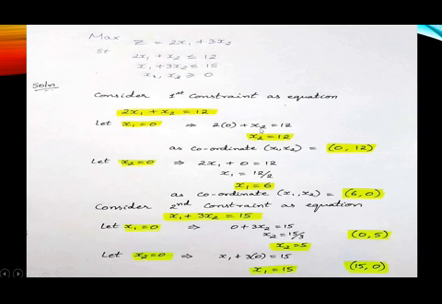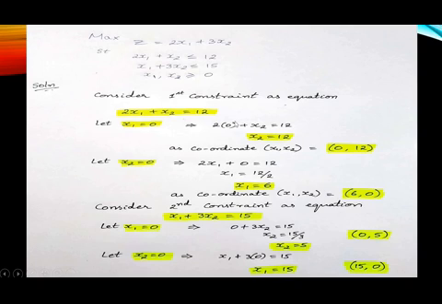What am I left out with? It will be x2 is equal to 12. So when I considered x1 is equal to 0, x2 value will be 12. So I will write these two values in form of a coordinate. So as a coordinate x1 comma x2, x1 is 0, x2 is 12. So the point is 0 comma 12.